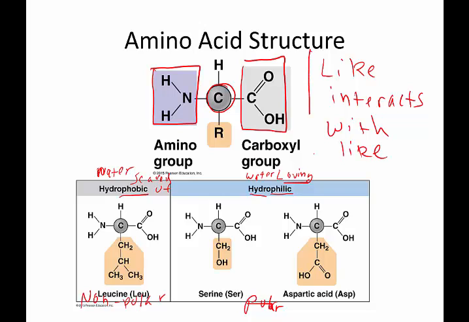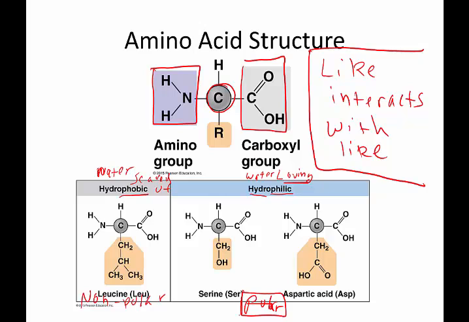This is a very important concept that we're going to see again in later lectures. Since water is a polar molecule, water likes interacting with other polar things, specifically polar amino acids. So polar amino acids like interacting with other polar substances such as water, which makes them hydrophilic.